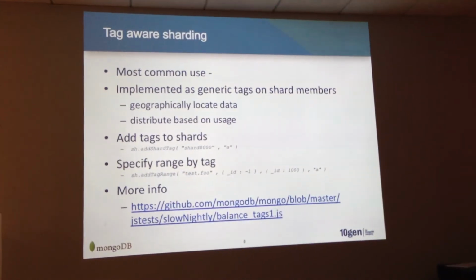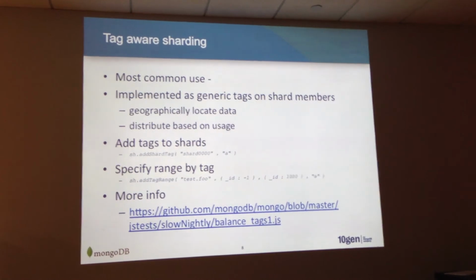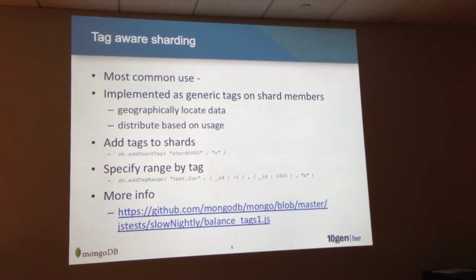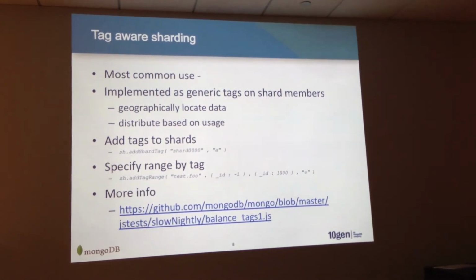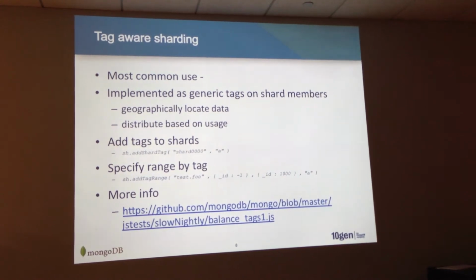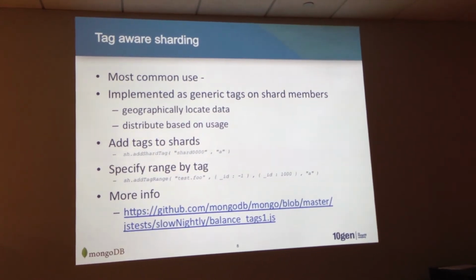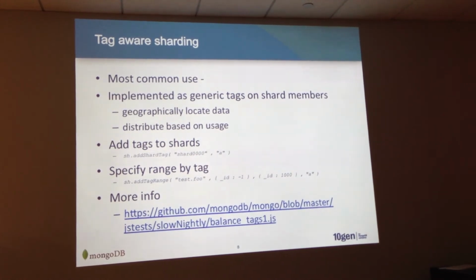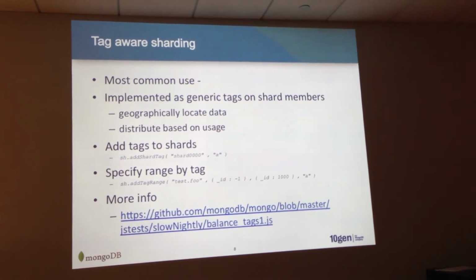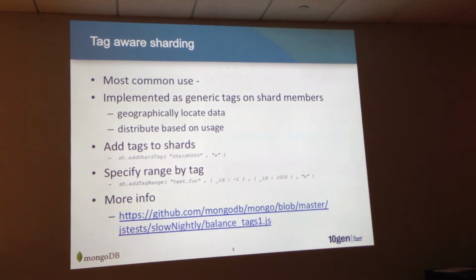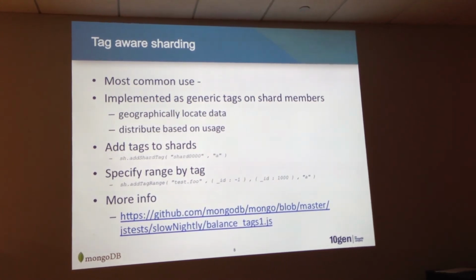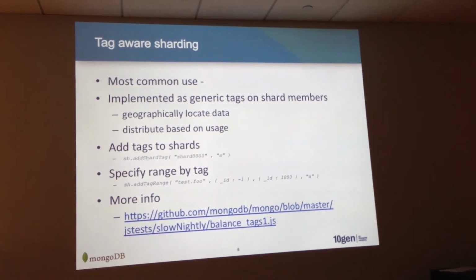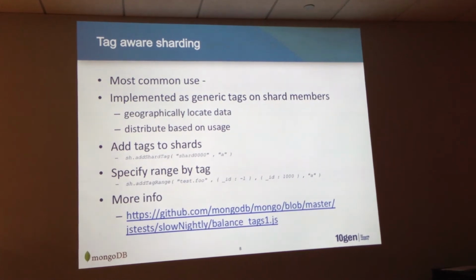It's not related to geo sharding in that you still need to define the shard key as being geo-related. So let's say you wanted to have your shards in the US and shards in Asia, your shard key would have to start with the geo codes. I mean, the location of your documents.